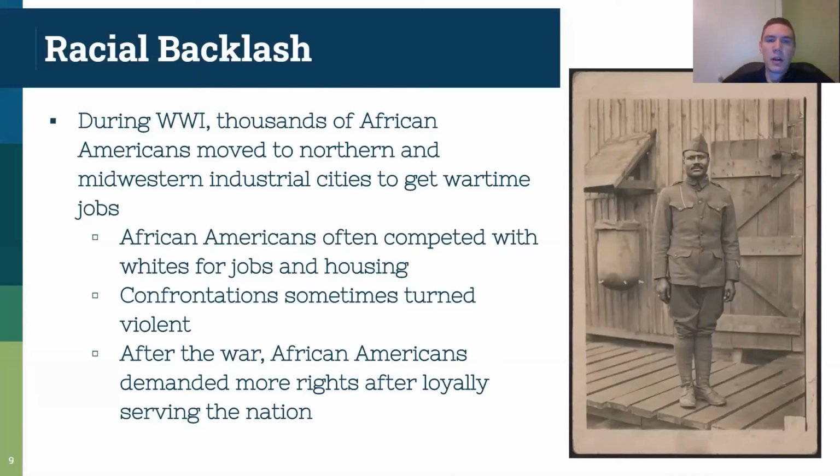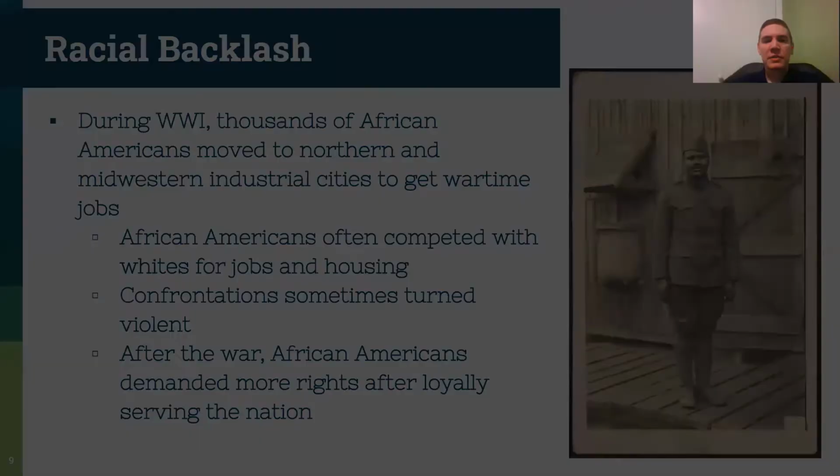During World War I, we talked about how thousands of African Americans moved to northern cities to work in wartime jobs. After the war, when many African Americans who had fought came back, it led to a lot of racial conflict, as many are coming back to cities where white and black people are competing for jobs and for housing.